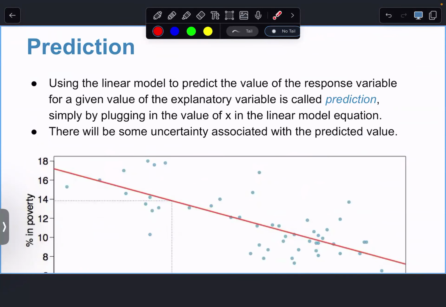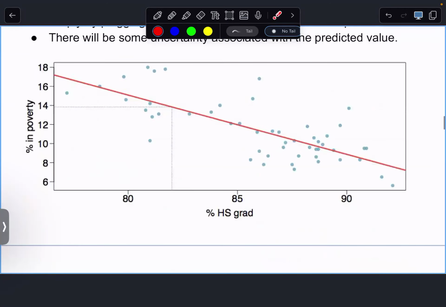Our goal for fitting this line was, of course, to make predictions. That's what we established very early on. And so now what we would do is take this value of x. I wish they would say what it is, 82 maybe, just judging by here. Then we would put in that value of x, and from the line that will give us the corresponding y hat, the predicted value of y.